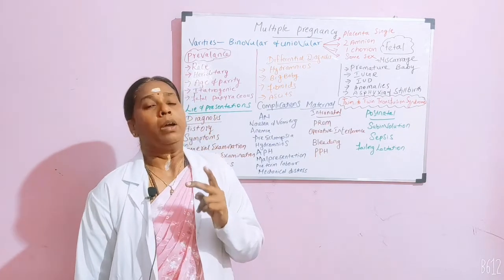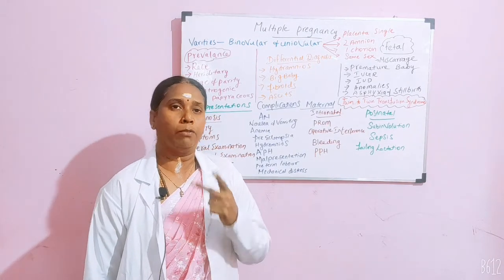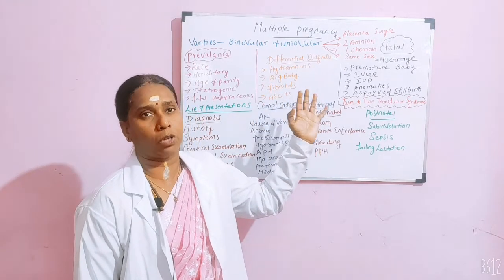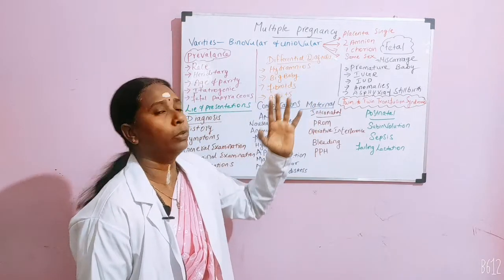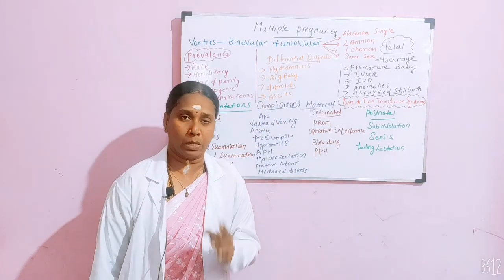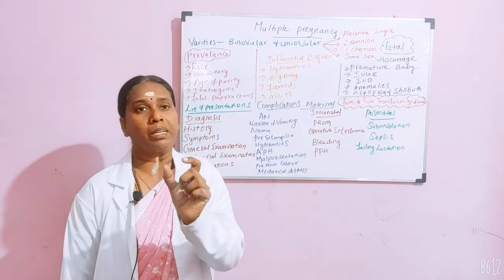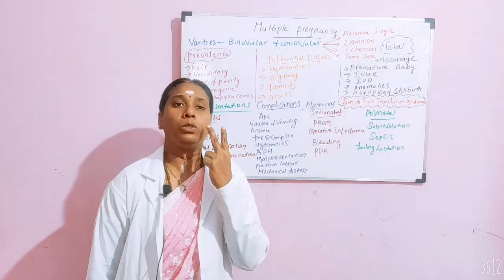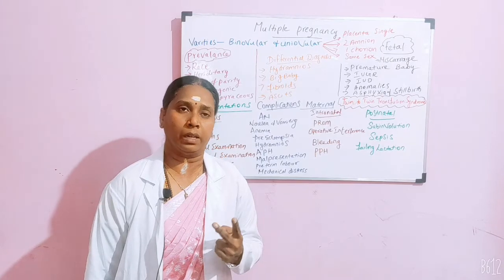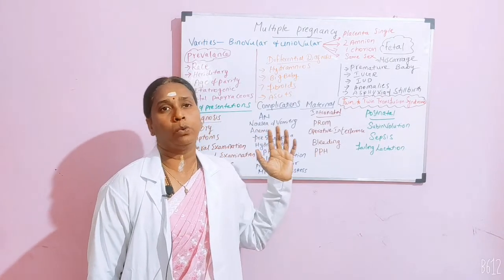So when you have twins, that is two babies, you have the choice of biovular and uniovular twins. Biovular twins, so what does the word mean? It is bi, two ova getting fertilized, you say biovular twins.